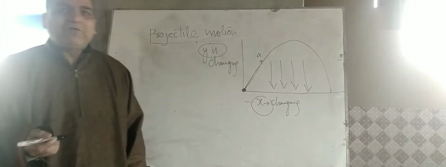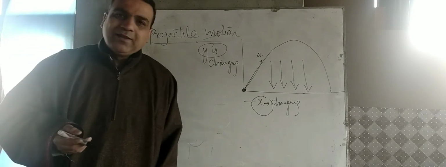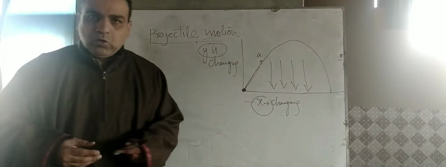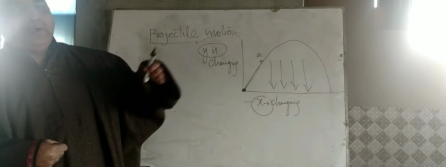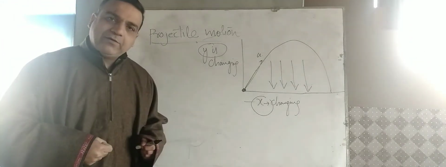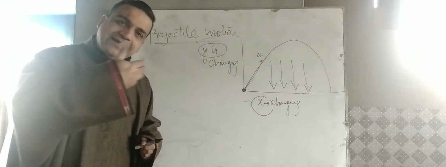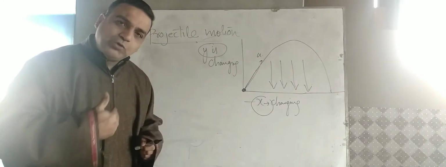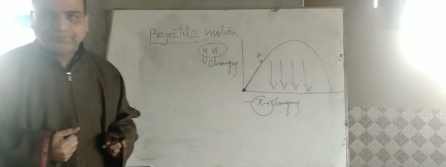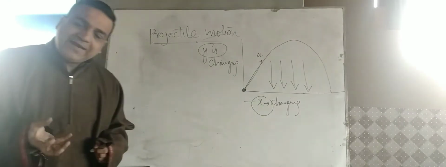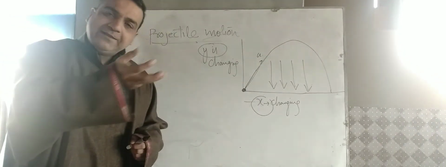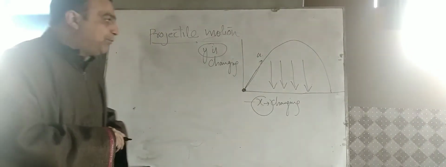Examples of projectile motion: if somebody is on the ground and a ball is thrown in air, the motion that it executes is a projectile motion. The body that has been thrown in air is referred to as the projectile.